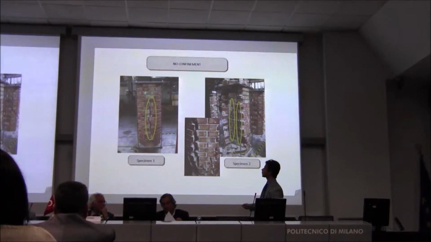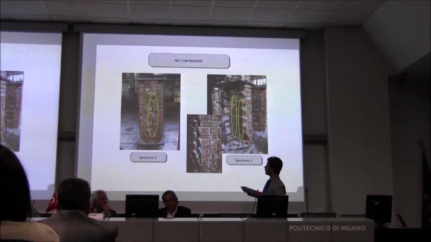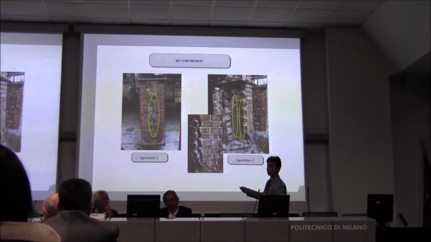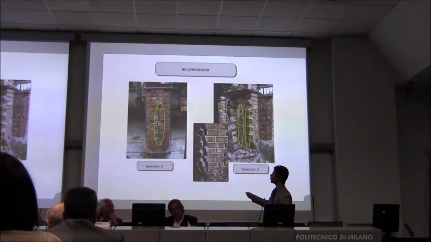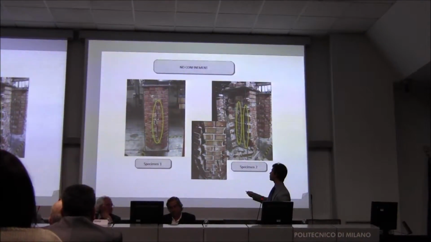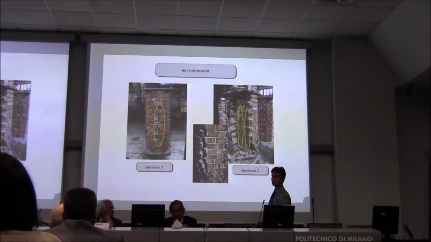Even the collapse mechanism is different. Here, the specimens 1 and 2, without any circular confinement, we see the typical vertical crack of a masonry structure from outside and again from inside.